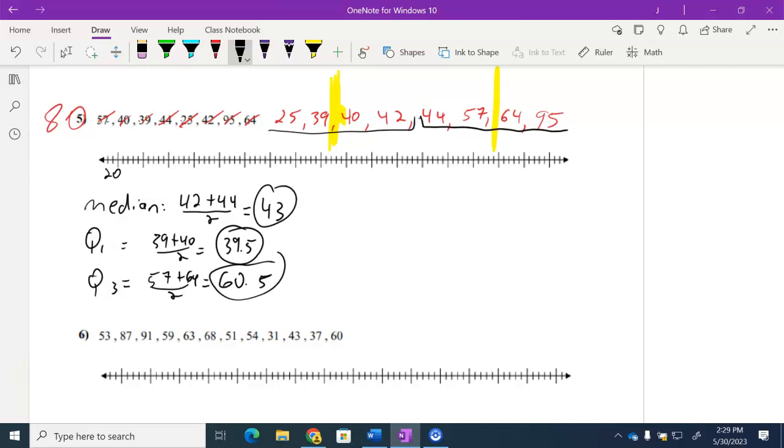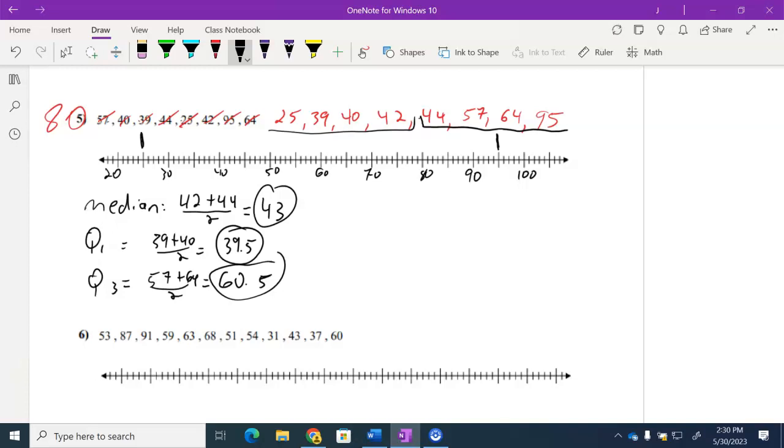We'll start at 20, 25, 30, 35, 40, 45, 50, 55, 60, 65, 70, 75, 80, 85, 90, 95, 100. Okay, there's my number line. My minimum is 25, so I'm going to put a mark here at 25. My maximum is 95, so I'm going to put a mark right here.